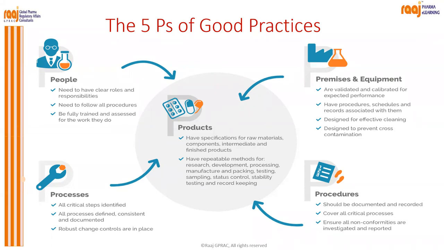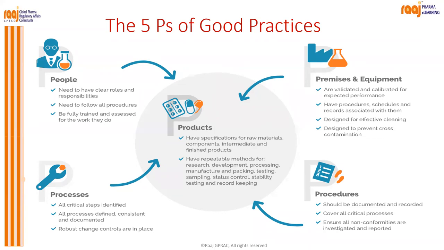Coming to procedure, it should be well documented, recorded, cover all critical processes, and ensure all non-conformities are investigated and reported. Then processes: all critical steps are identified when you are giving the manufacturing process of product A, B, C, D. So each process has to be well defined, all critical points have to be mentioned, a flow chart has to be given, and all the critical steps you have to identify.